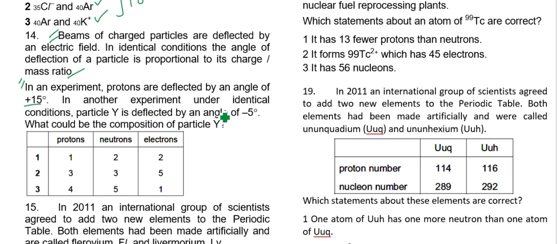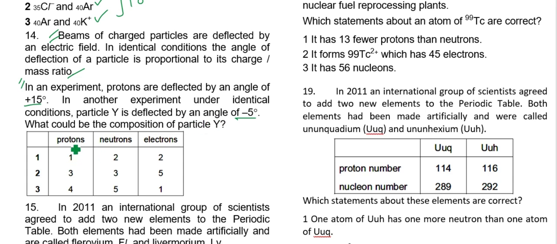In another experiment, under identical conditions, particle Y is deflected by an angle of -5. Protons are deflected positively, electrons are deflected negatively but with a lesser angle because of their smaller mass, and neutrons pass straight without any deflection.